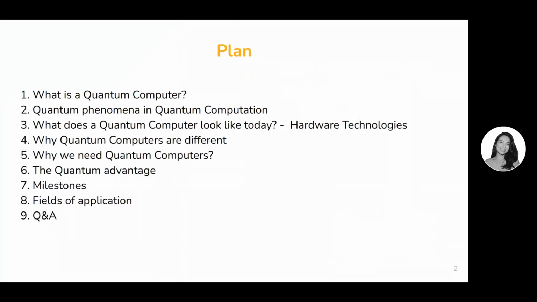So in this presentation, which is a general introduction to quantum computing, I will start with what is a quantum computer as a technology and as a machine itself. What are the quantum phenomena in quantum computing? Third point is what does a quantum computer look like today?